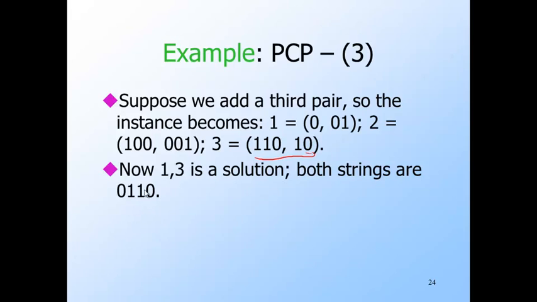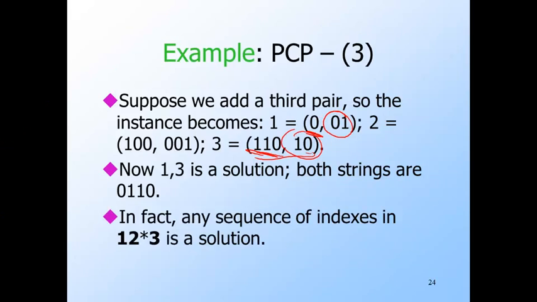That is, 0110 is a 0 followed by a 110. From the corresponding second strings, we get 01, that's this, followed by 10, that's that, and that also is 0110.